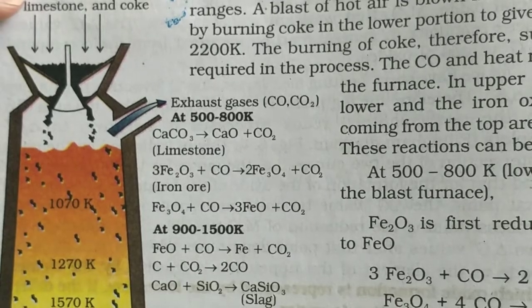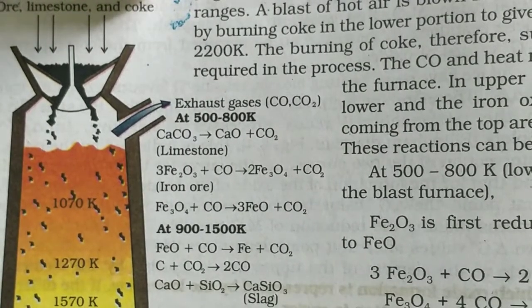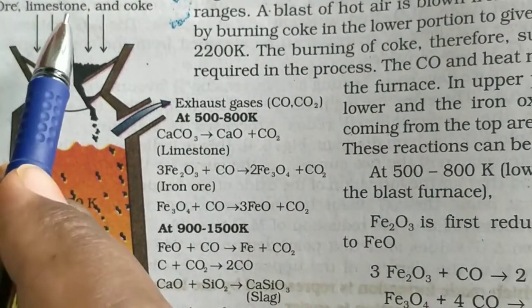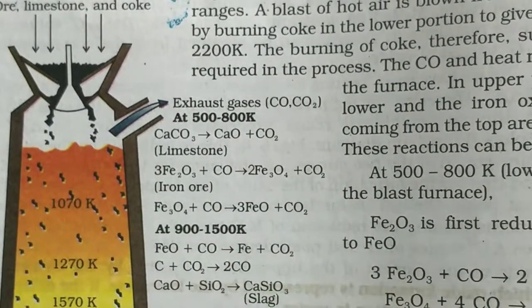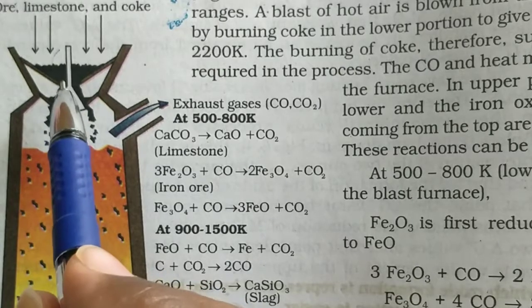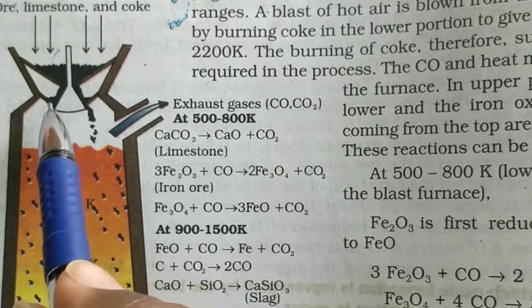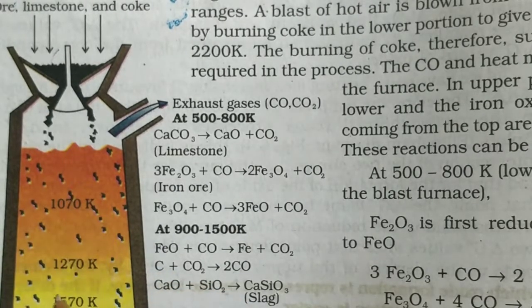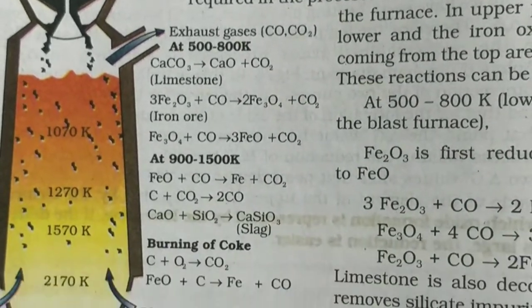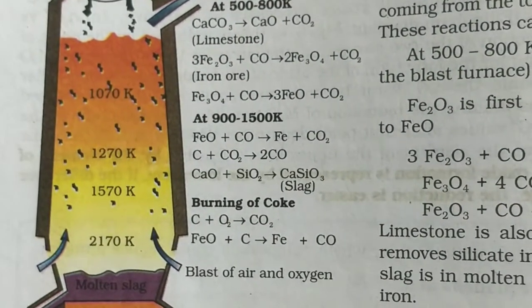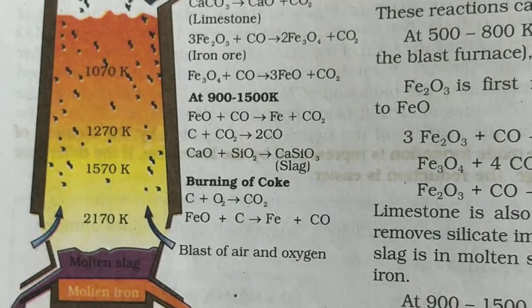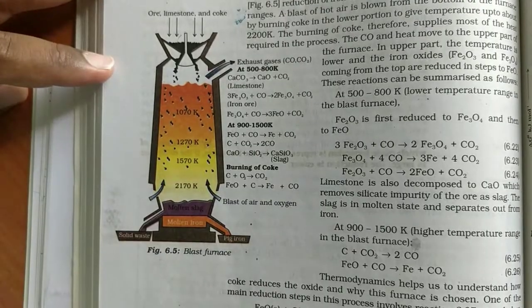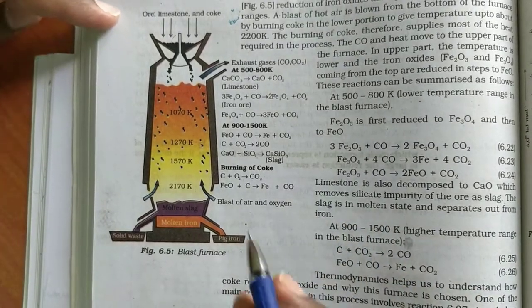Ore plus limestone plus coke is fed into the blast furnace. Slowly that ore plus limestone plus coke is falling into the blast furnace. This blast furnace is maintained at different temperatures. This is not small one, ma. It is very big, almost a 2 to 3 floors big building.